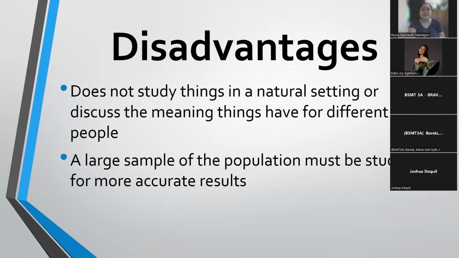Now, what are the disadvantages of making quantitative research? Most of the time, we don't study things in their natural settings. Example, you're going to test the antibacterial activity of a certain plant material. Syempre, we get the plant material from its natural source. We extract, or we do extraction, and we check in vitro. Most of the time, we are doing in vitro testing for antibacterial activities.